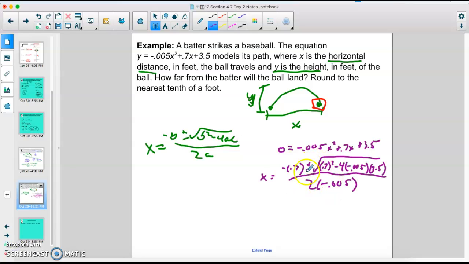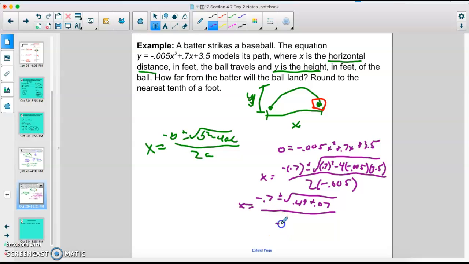All right, so I plugged in my numbers. Make sure you check and make sure you did everything correctly. And then we just keep going here. So we have negative 0.7 plus or minus the square root of 0.49 plus 0.07 when you do your calculator work.